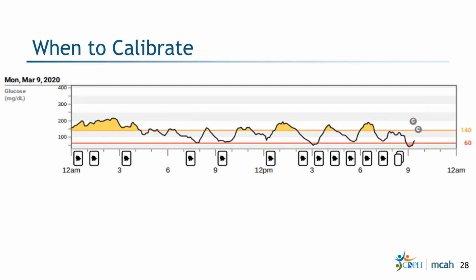And so she tried to calibrate it, but that's actually not a great time to calibrate because there is a lag time with CGM, especially when glucose goes low and it's coming back up. And so calibrating at that time can actually throw the whole sensor off. And it looks like that might be what happened, because then we see the trend line disappears. So that could have actually made the sensor go bad.